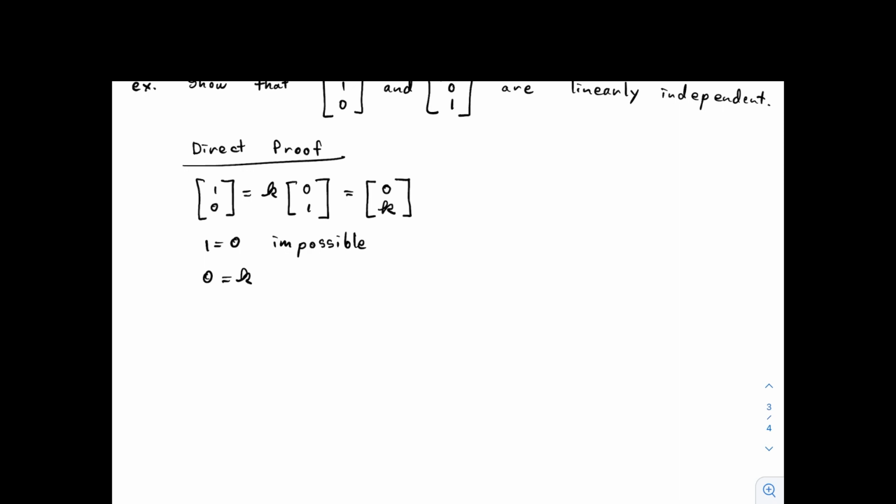And because it's apparent that 1 is never equal to 0, this is impossible, we can conclude that (1, 0) and (0, 1) are linearly independent.